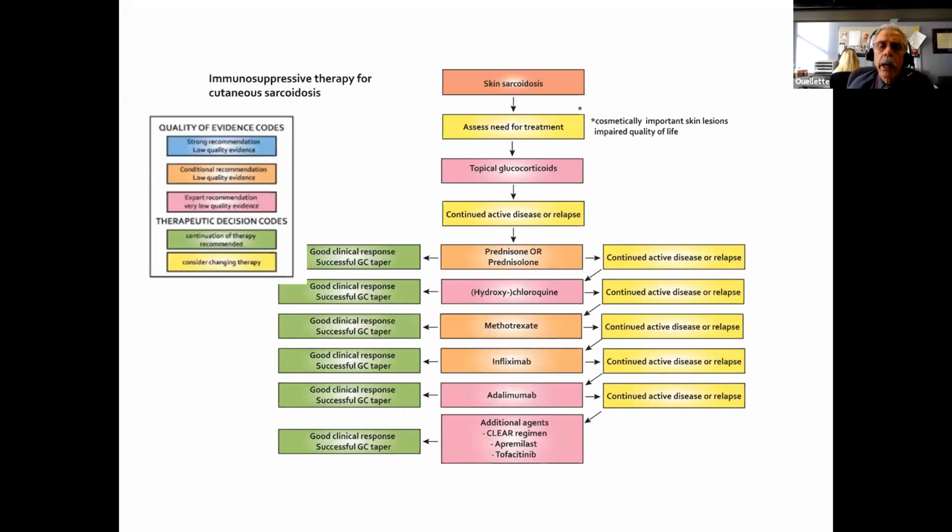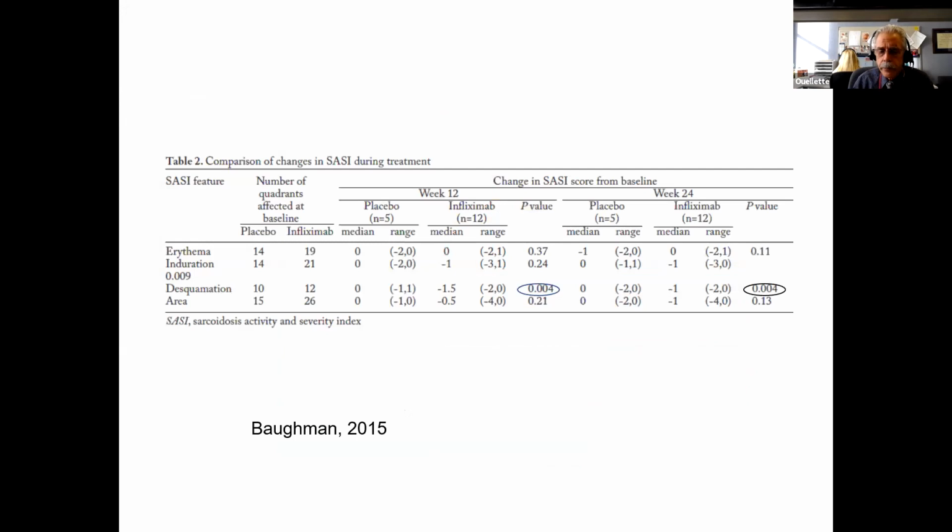This is our algorithm for skin sarcoidosis and the use of immunosuppressive therapy. And we want to try topical glucocorticoids, prednisone, and hydroxychloroquine early. But infliximab is a good choice when patients fail initial therapy. Bob Boffman produced this study in 2015.